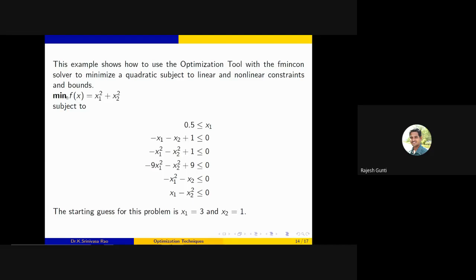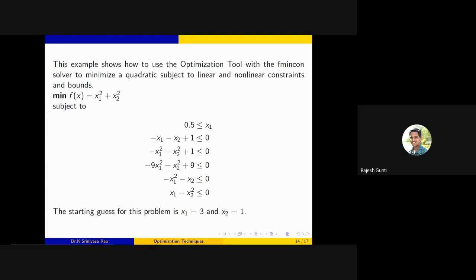So if you want to solve this optimization problem, we have to create one M file for the objective function. Previously, we directly entered the variables and the linear equality constraints in the command window, as well as in the optimization toolbox.